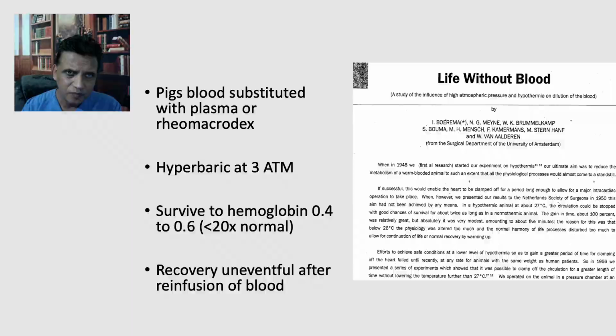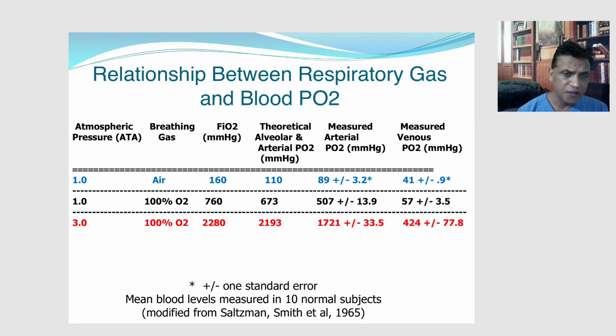So seminal work in the field of hyperoxygenation has shown that pigs under laboratory conditions, when breathing 100% oxygen at a pressure of 3 atmospheres, even when over 95% of their blood or hemoglobin has been washed out and replaced with plasma or tissue expanders, are able to survive without any cardiovascular or neurological deficits.